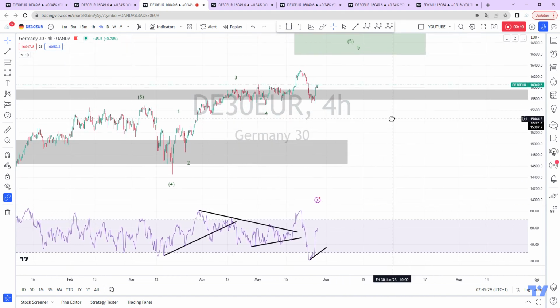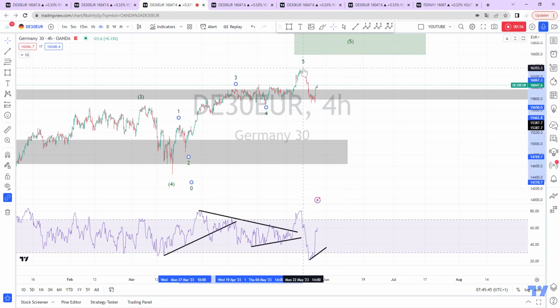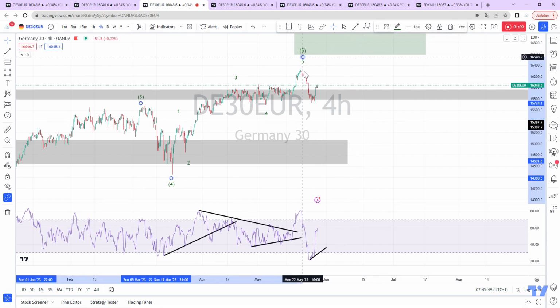And so I believe we are doing 5 waves up here. I think we will see more upside, but I want you to know that it can be finished here. This can be our high, and we can start to drop from here. Actually, this is something that is possible.